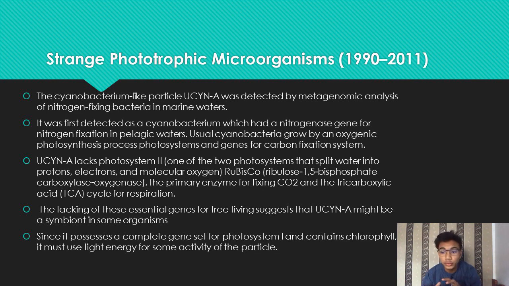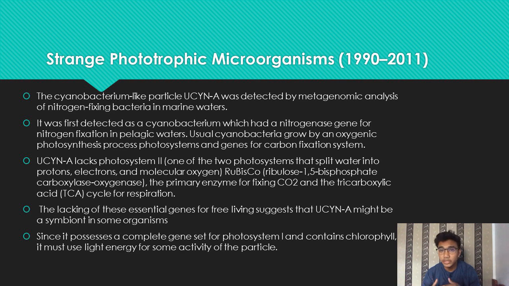So usual cyanobacteria grow by an oxygenic photosynthesis process, with photosystems and genes for a carbon fixation system, but UCYN-A lacks photosystem 2, which is needed for splitting water into proton, electron and molecular oxygen, fixing CO2 and so on. So the lacking of the essential gene suggests that UCYN-A might be a symbiont.